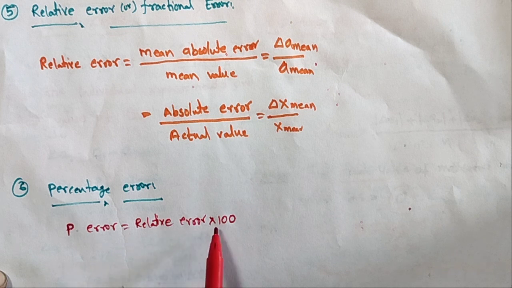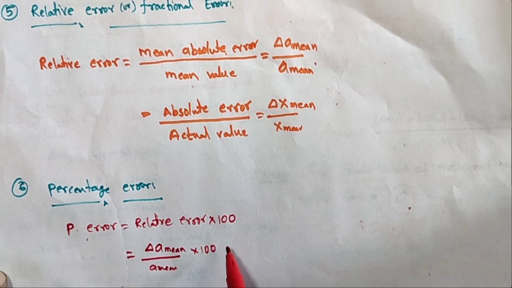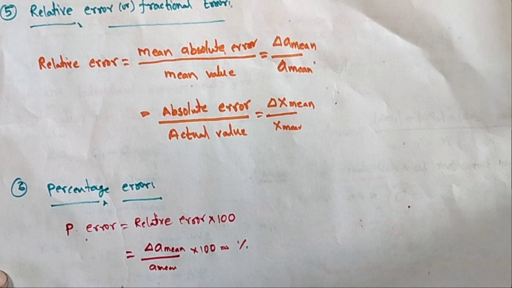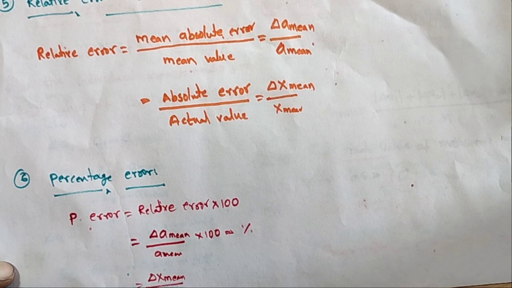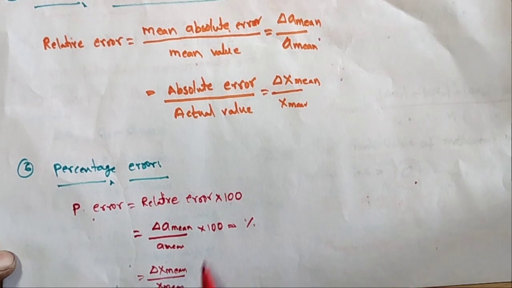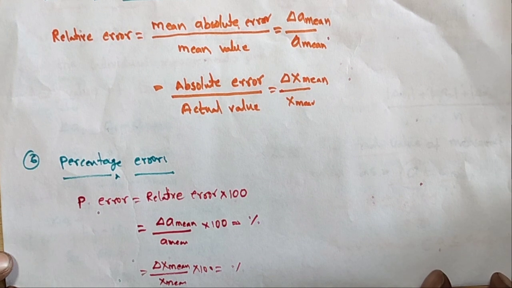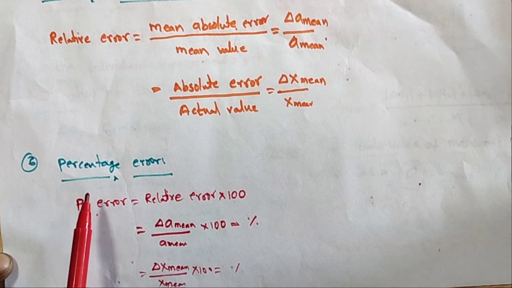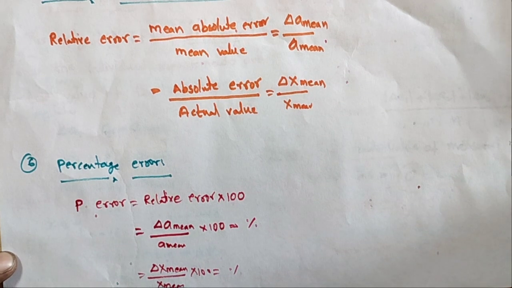So the relative error multiplied by 100 gives the percentage error, that is, delta a mean by a mean into 100, or delta x mean by x mean into 100. So these different types of errors can be used in the calculation of different types of problems.